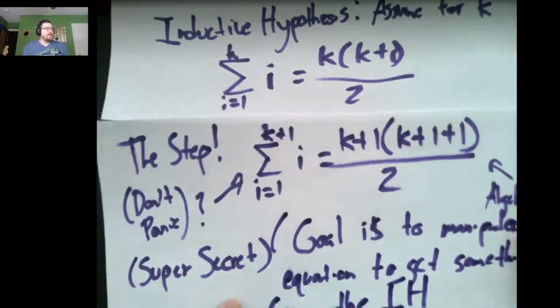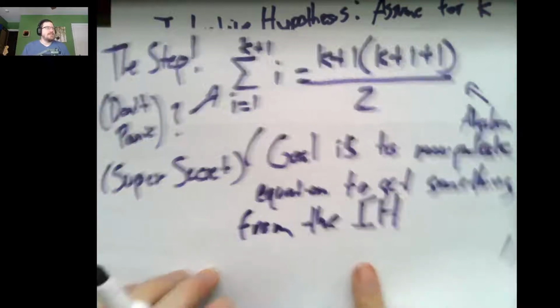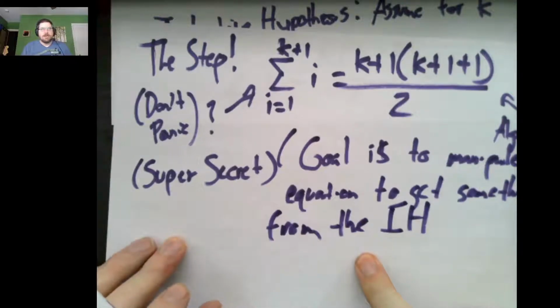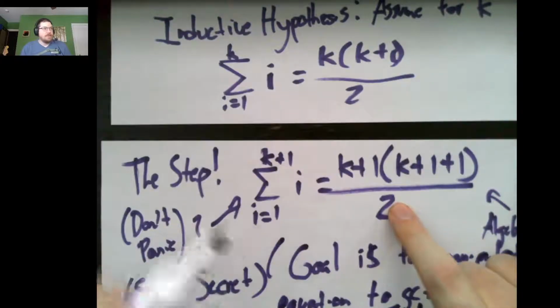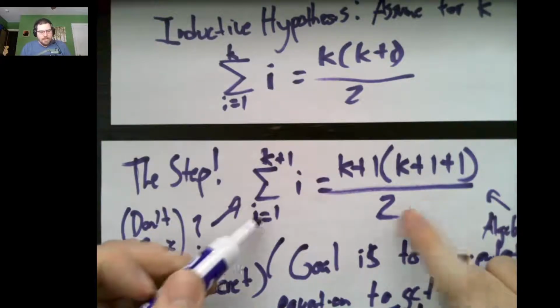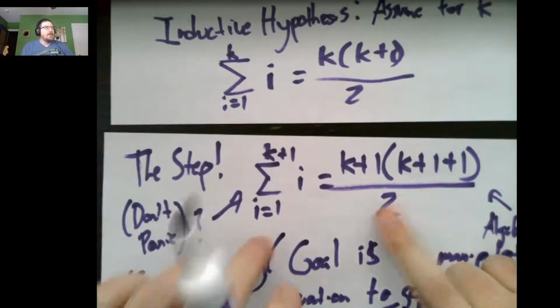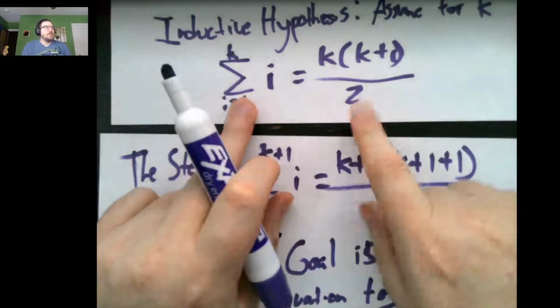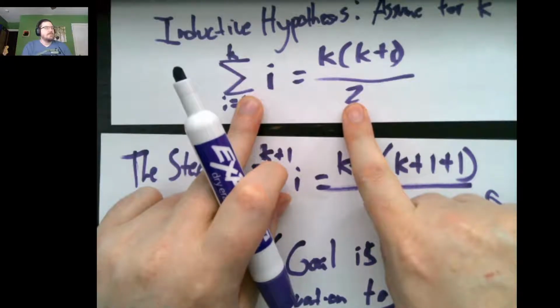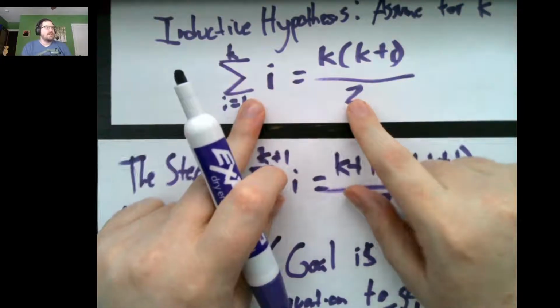That's our super secret goal. This is the secret magic of proof by induction: especially when you have these summations, we're trying to manipulate the sides of this equation to get one of these two things. We want to get one of these two things.